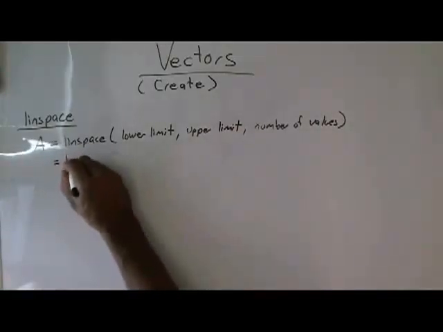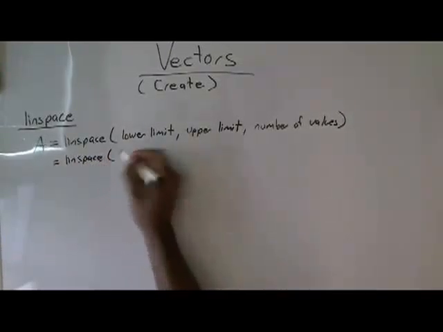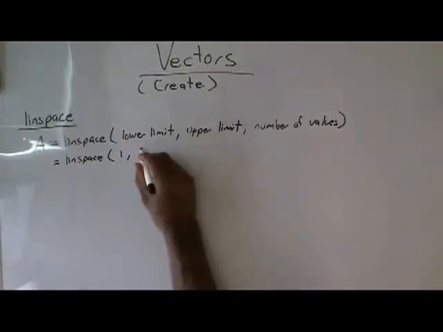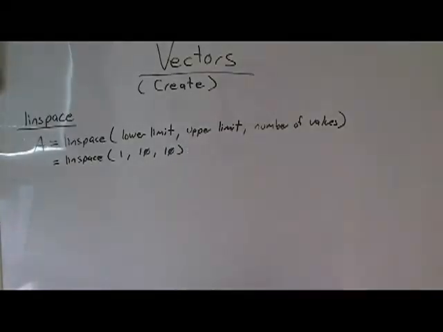So let's see it in action here. If I do linspace, lower limit 1, upper limit 10, and then the number of values to be 10, it's going to give me 10 evenly spaced values starting at 1 and ending at 10.